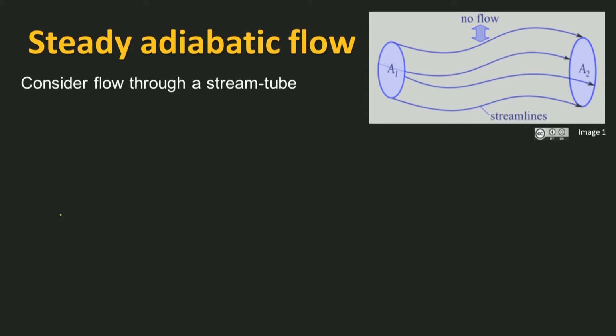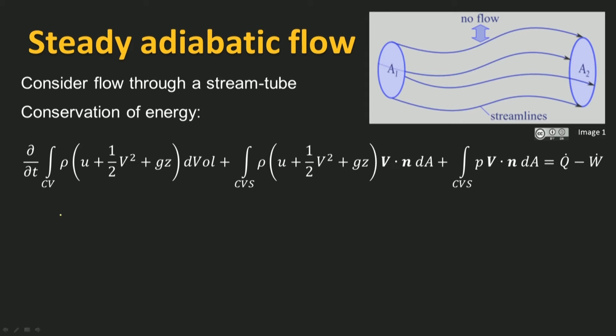We're going to apply conservation of energy in its control volume form to this stream tube. Let's examine the first term. The internal energy U plus a half V squared plus Gz is the total energy per unit volume of the fluid. If we multiply this by density and integrate over the control volume, this gives us the total energy within that stream tube.